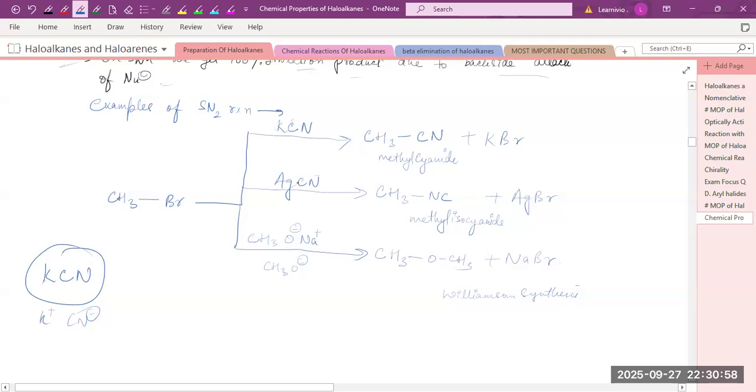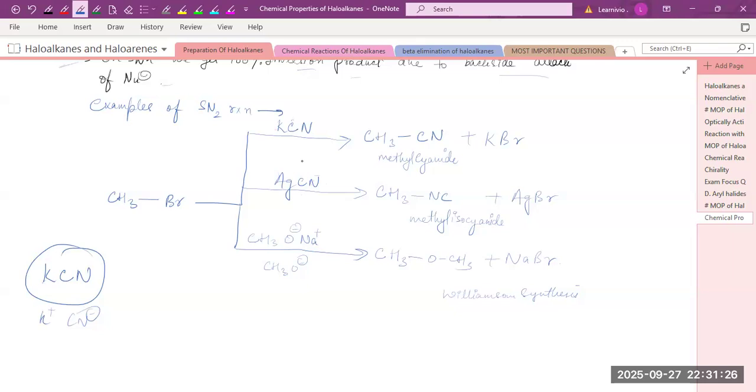But when the same cyanide group is attached to silver, then in this case the donor site of the nucleophile will be nitrogen, not the carbon. So these two differences you have to remember. With potassium, the cyanide group attacks from the carbon, not from the nitrogen.